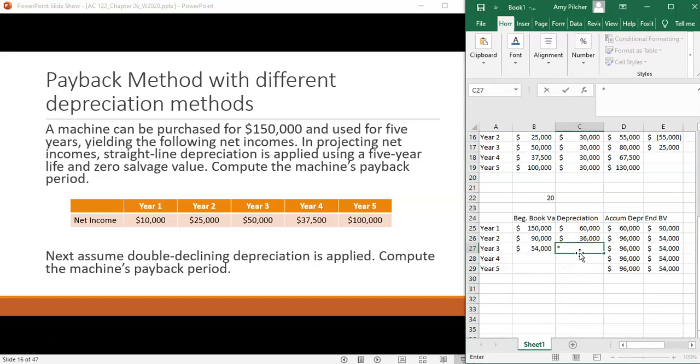You know that we can't depreciate it below salvage value, which is 0. So we're only going to depreciate it to the point that we have a 0 value.